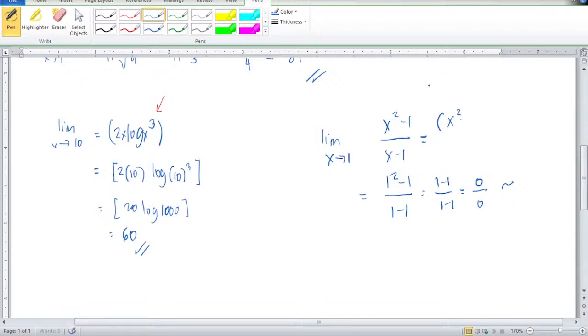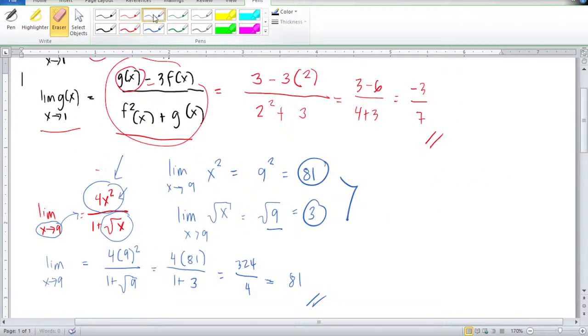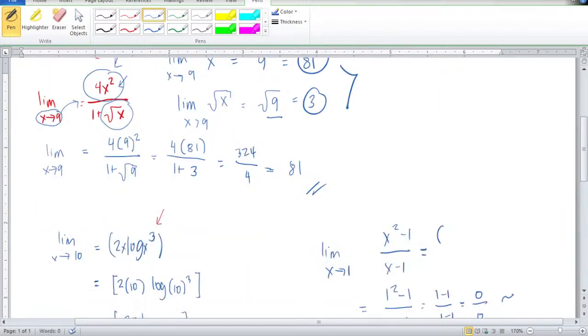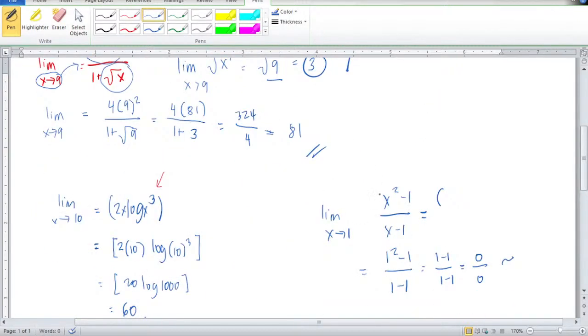X squared minus 1 is the same as x minus 1 times x minus 1. Am I right? Let us check if this is correct.